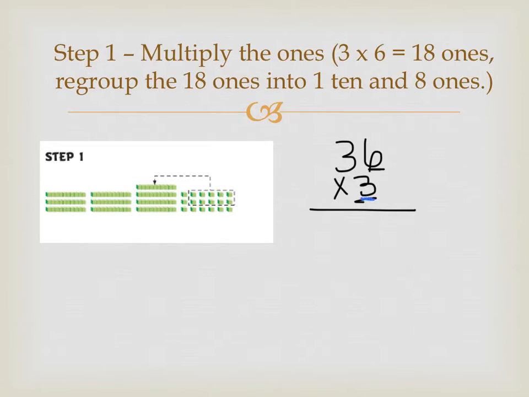Since 3 times 6 ones is 18 ones, I can't put 18 because I'm only working with my ones place. I'm going to regroup 18 into 1 ten and 8 ones. You can notice in the model, the picture, where the 10 ones were created another 10.